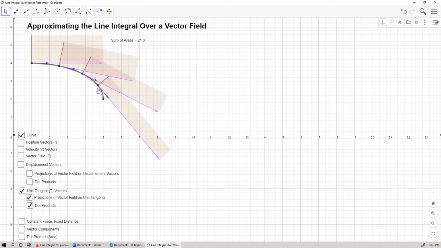We're going to take these displacements here and multiply them by the lengths of these purple vectors. And that gives me, again, some areas of rectangles, 4 of them in this case. And the sum of those areas is 21.6 in this particular case.